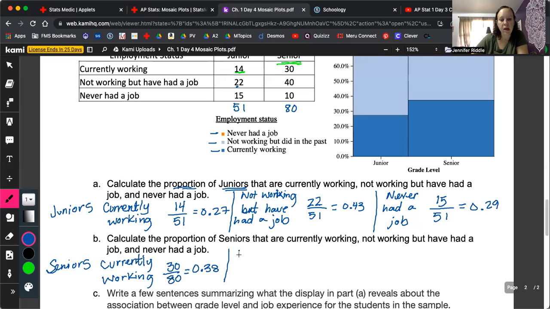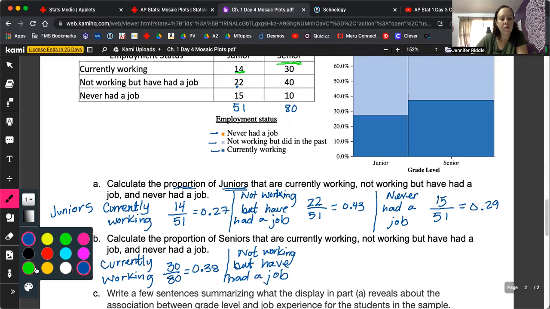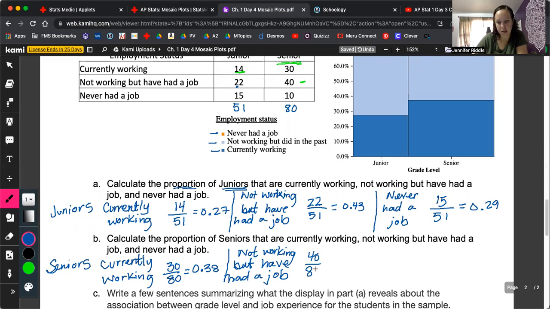Okay, not working, but have had a job. We look at our table, we've got 40 of our 80 seniors who have done that, which is 0.50.